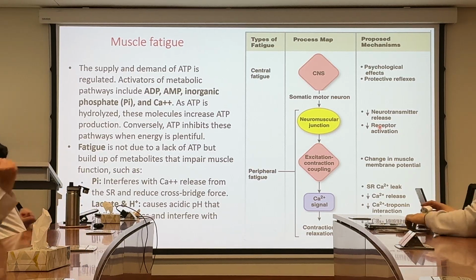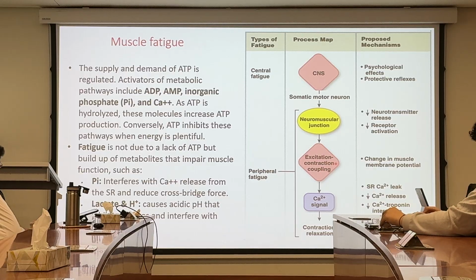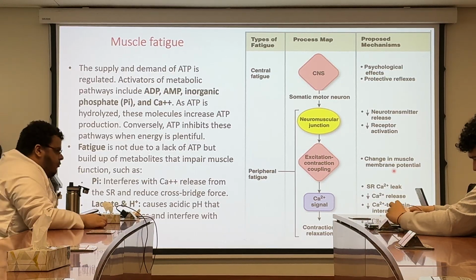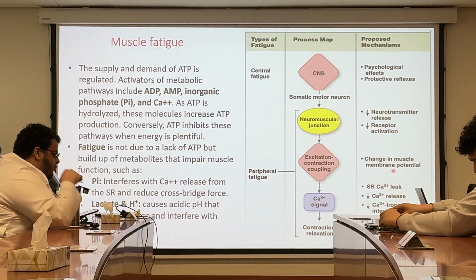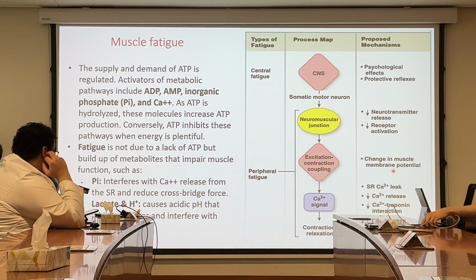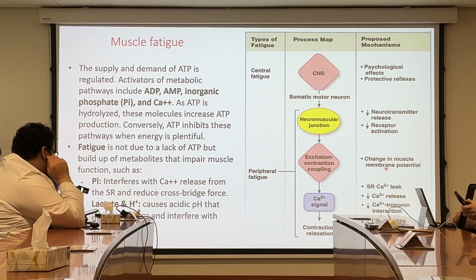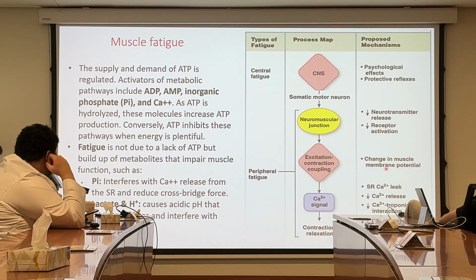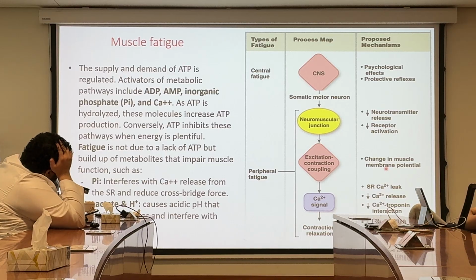Right? Then, excitation-contraction coupling, obviously membrane potential. Because you require an EPP to generate an AP, you require sodium going in, potassium coming out, and so on and so forth. Those membrane changes can be rectified relatively quickly. You have to be exercising extremely hard for that to have an effect.